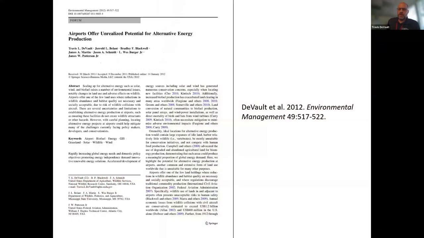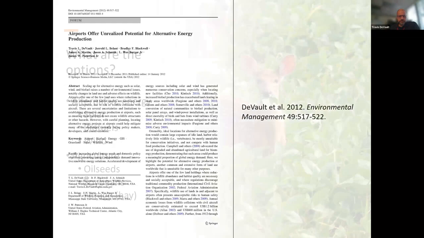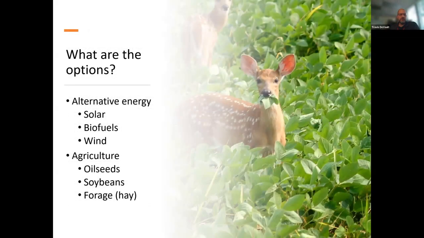So we put together a paper, my colleagues at USDA and at a couple of universities and the FAA, where we speculated on the types of land covers that might be good options for airports to use. These are the things we talked about: alternative energy production, solar arrays, biofuels.